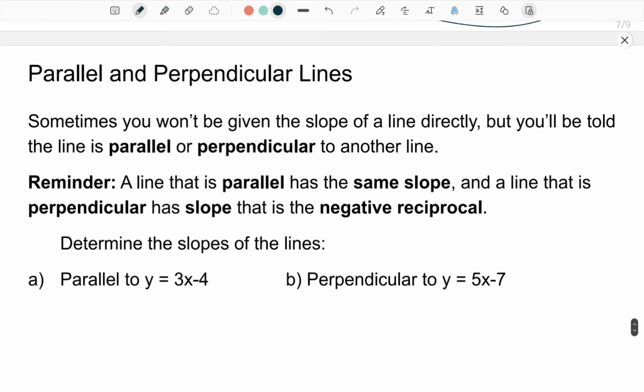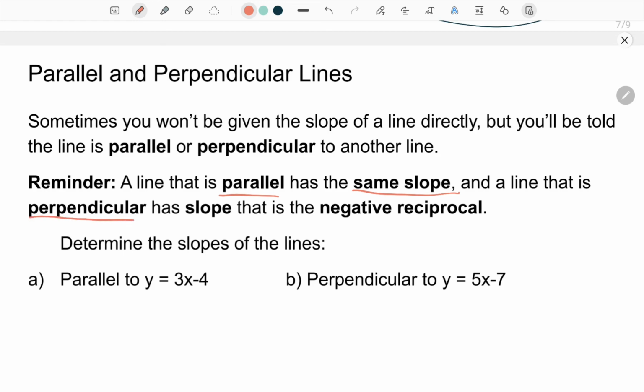Sometimes, though, you may not be directly given that slope value. So you may just be told, oh, we have a line and we know it's parallel to this other line. Or, oh, we have this line, but it's perpendicular. So just a couple of reminders. If a line is parallel, it has the same slope, or the two lines have the same slope.